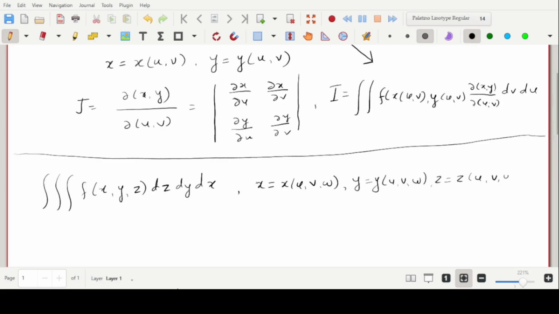And these functions we shall again denote by x, y and z.